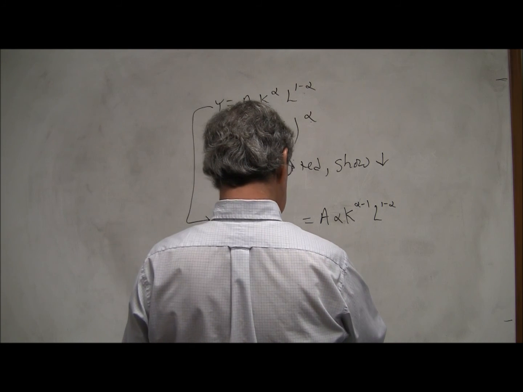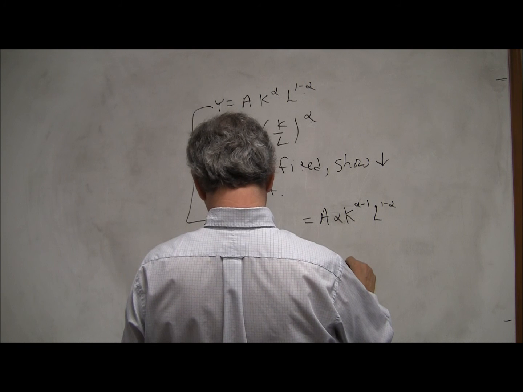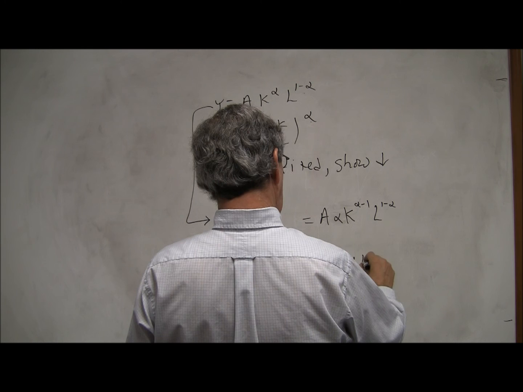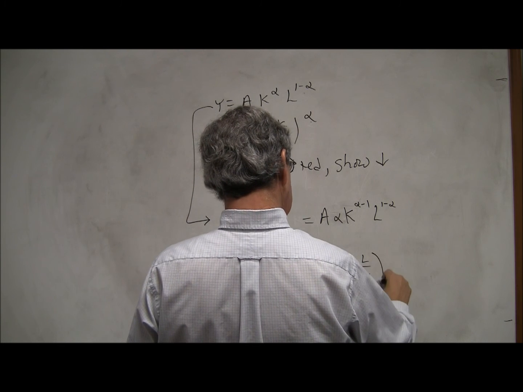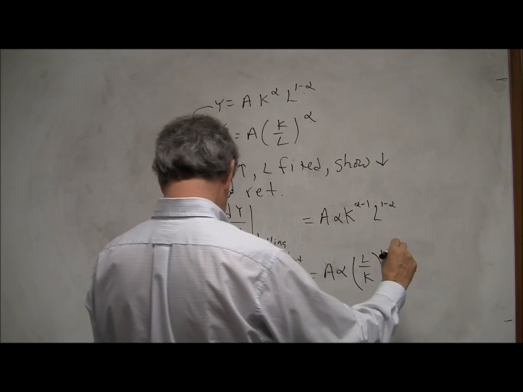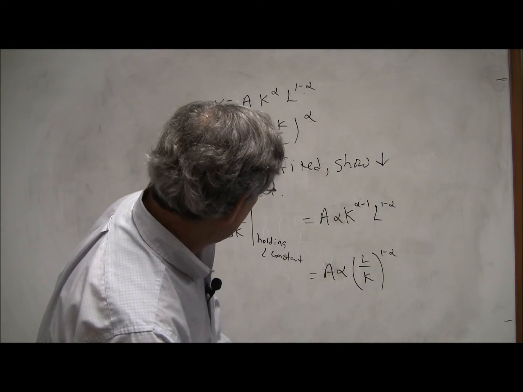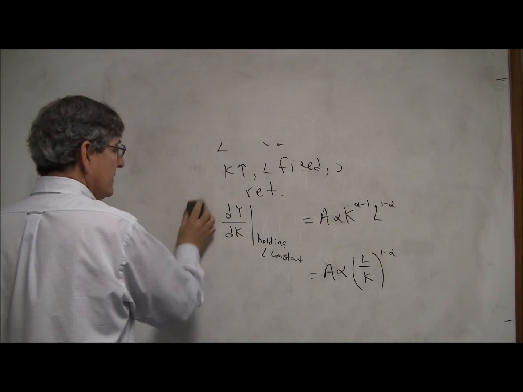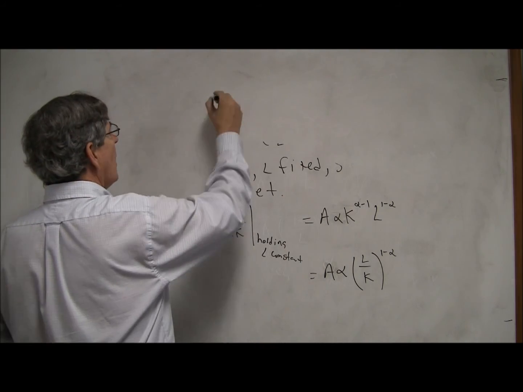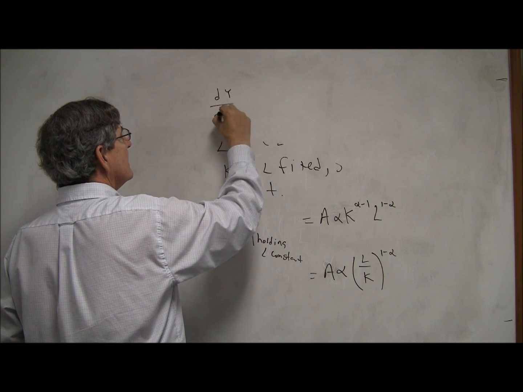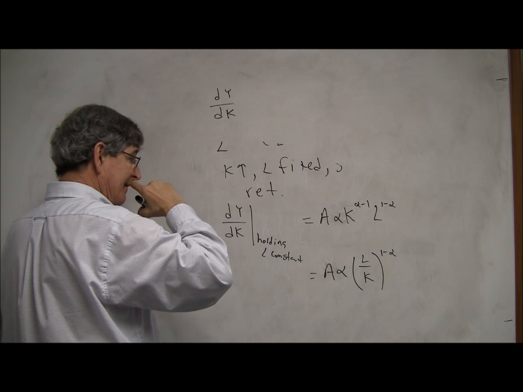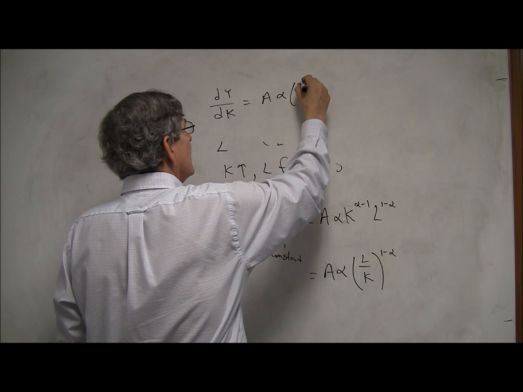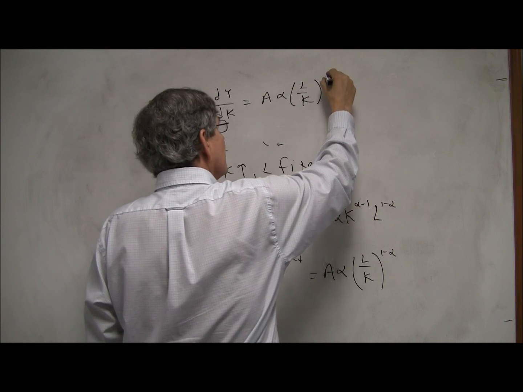So that equals A alpha times L over k to the 1 minus alpha. And what we've shown here is that the change in y, dy, due to a change in capital, is A alpha L over k to the 1 minus alpha.